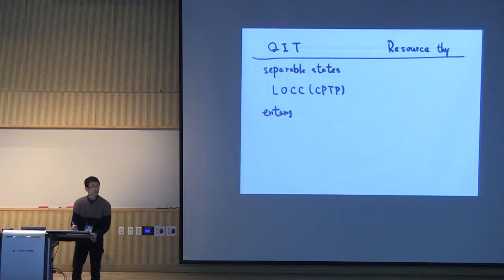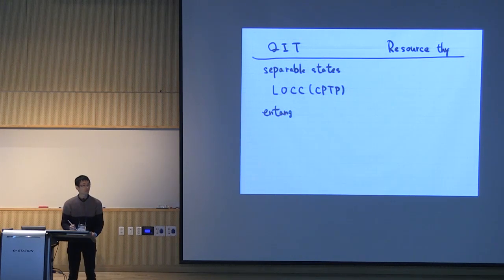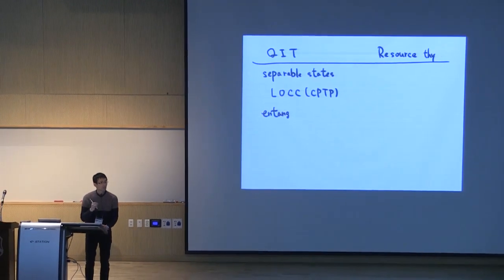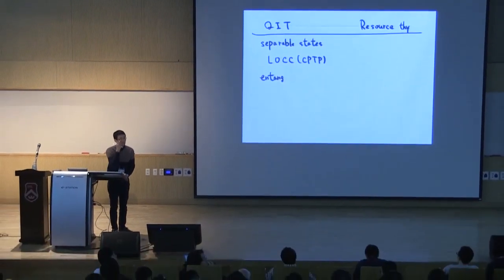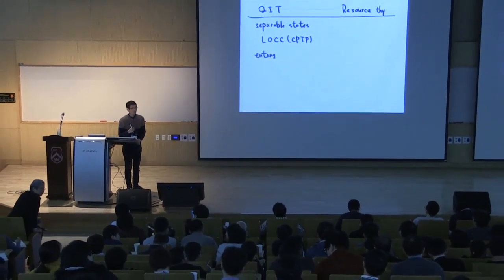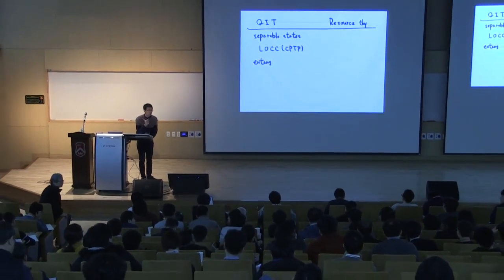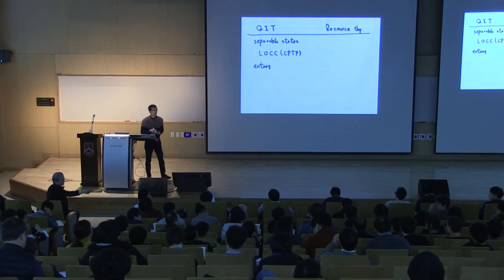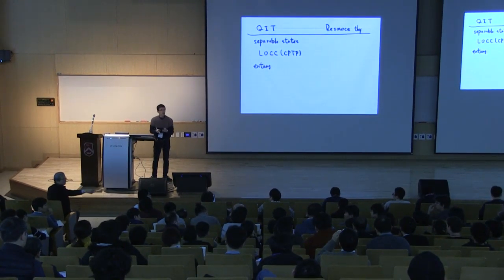Yes. The LOCC operation is a subclass of CPTP, a subset. So if the partial trace belongs to CPTP, why do we believe that the theorem applies to LOCC operations as well?